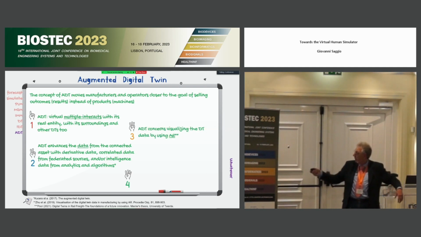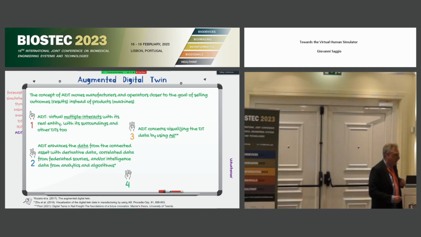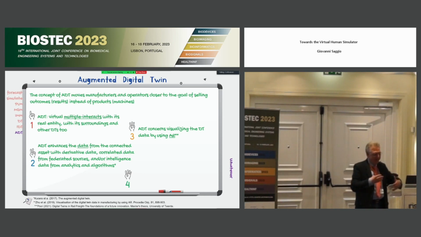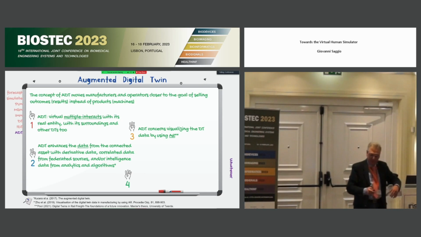And the ADT concerns visualizing the digital twin data by using augmented reality. So another concept that goes on top of the first one, and the things are getting more and more complex. That's why later I will propose a new version of digital twin, because we have to take into account all these things.